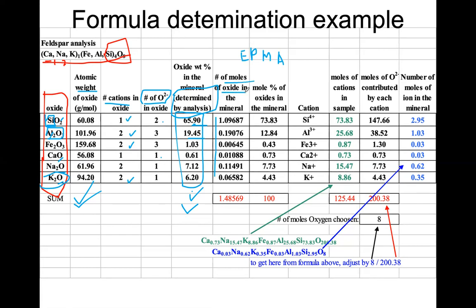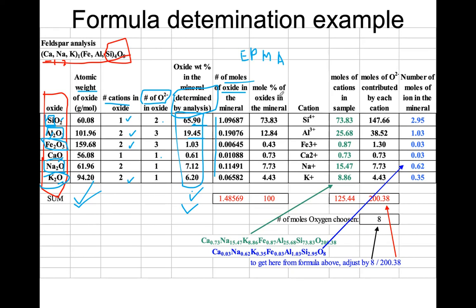So that will give you the number of moles. Remember, number of oxide moles means number of moles of this entire component, not just oxygen or anything. The number of moles of this oxide is given there.